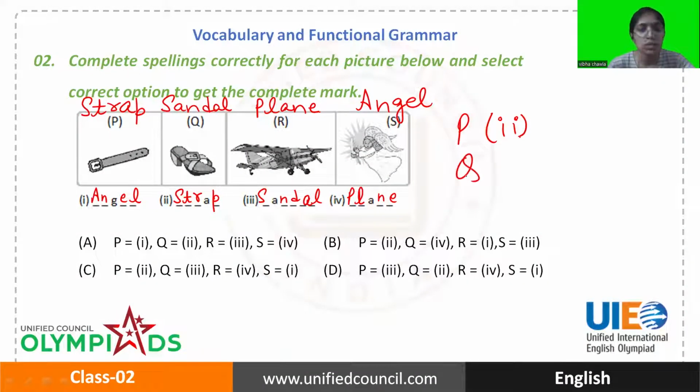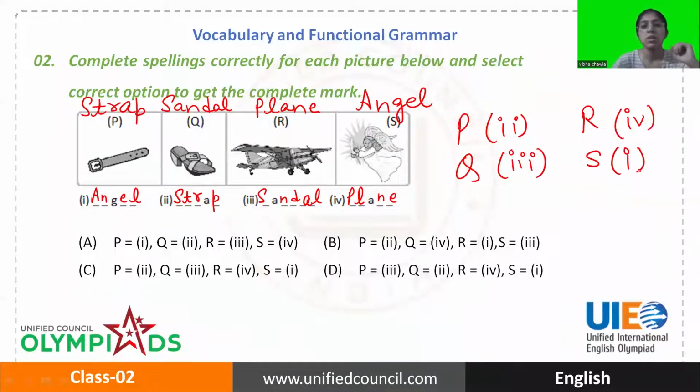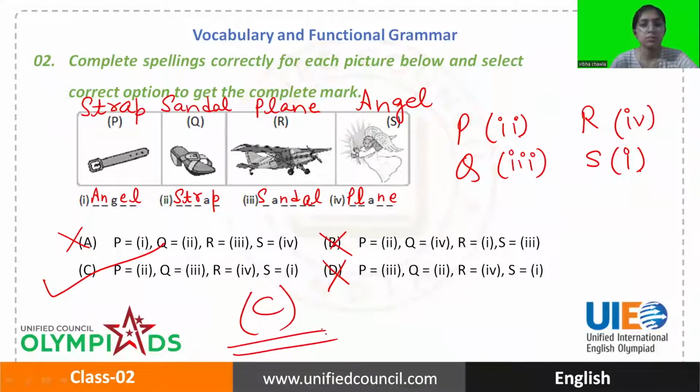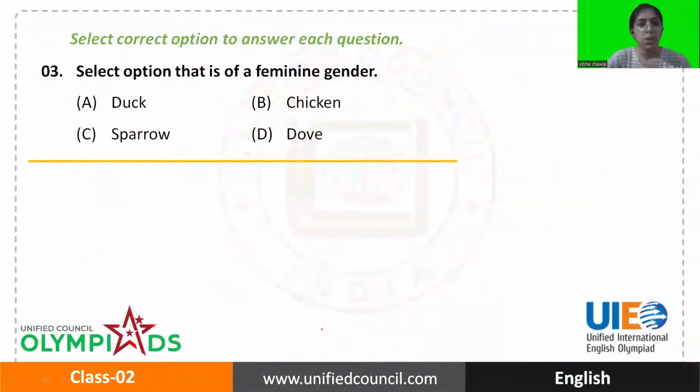Q, sandal, third. R, plane, fourth. S, angel, first. P2, Q3, R4 and S1. Perfect. It is option C. Easy, right? Now let's try the next question.